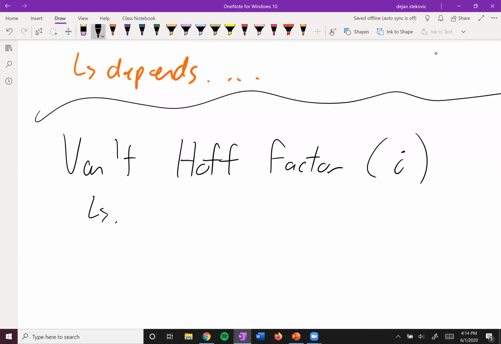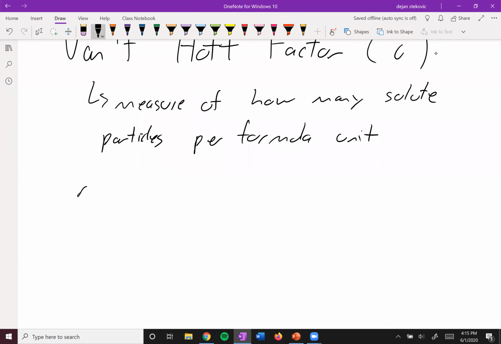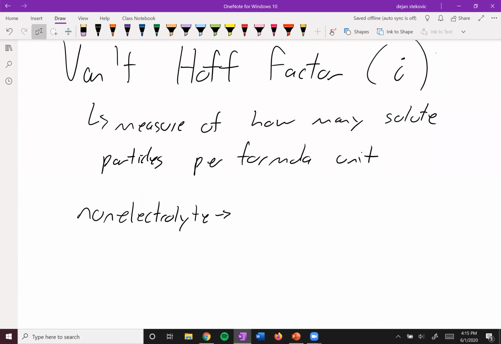And the Van't Hoff factor is a measure of how many solute particles are there per formula unit. So if you have a non-electrolyte, something that doesn't dissociate, you would predict that it would have a Van't Hoff factor of 1, right?